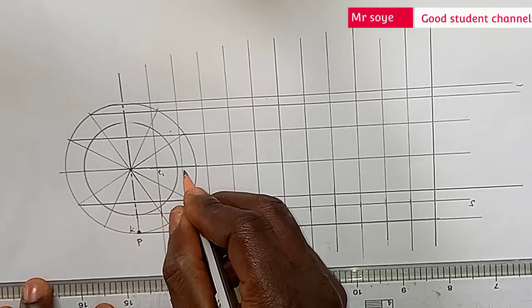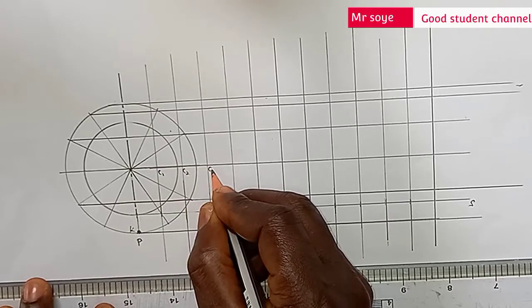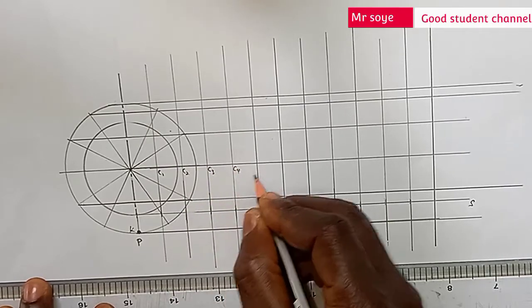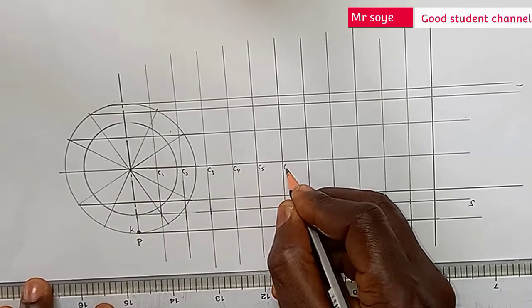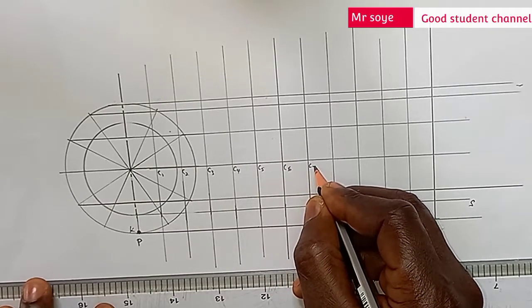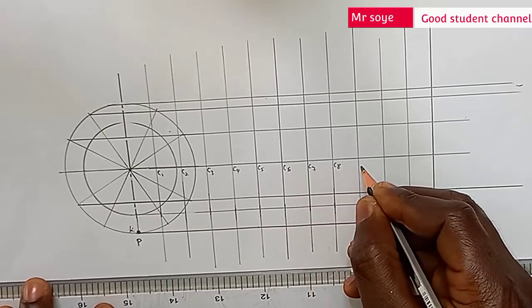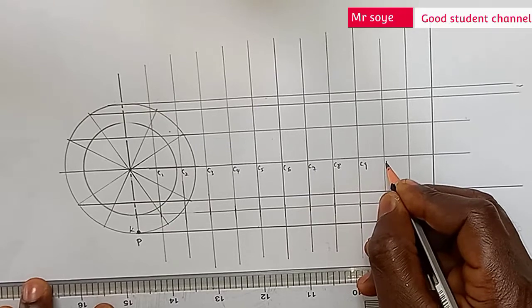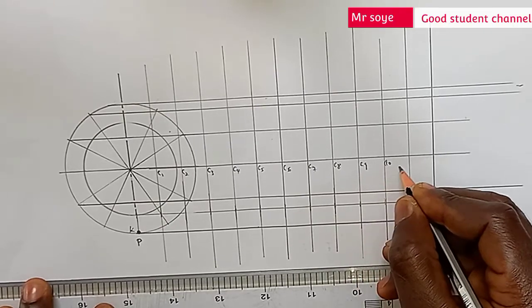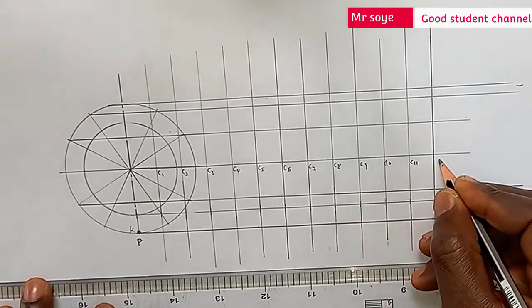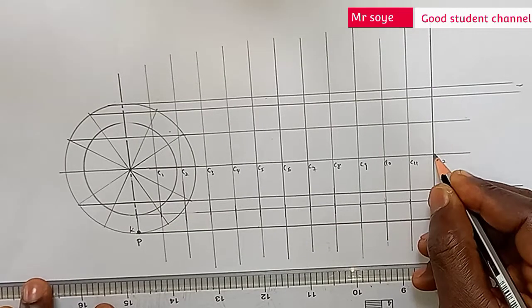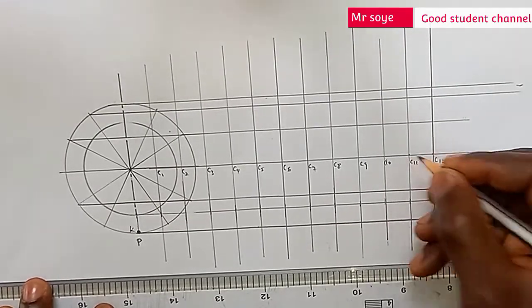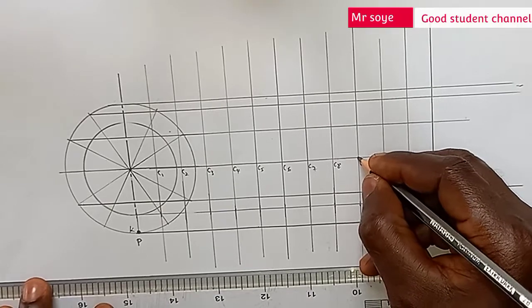That is center 1, center 2, center 3, center 4, center 5, center 6, center 7, center 8, center 9, 10, center 11, and center 12. I mean these points.